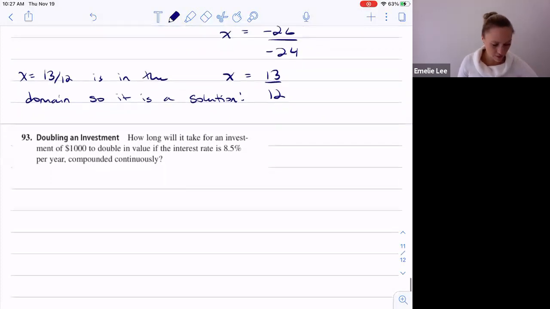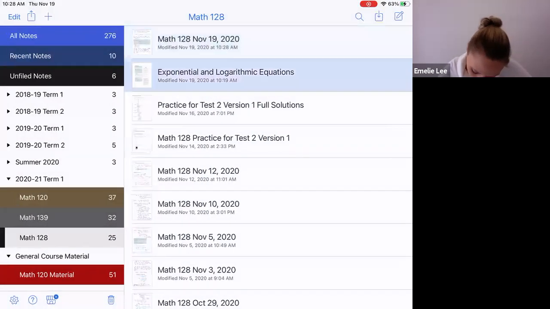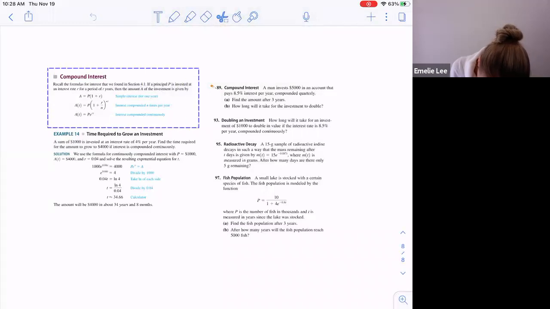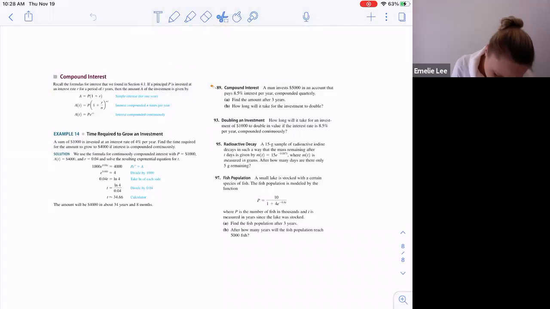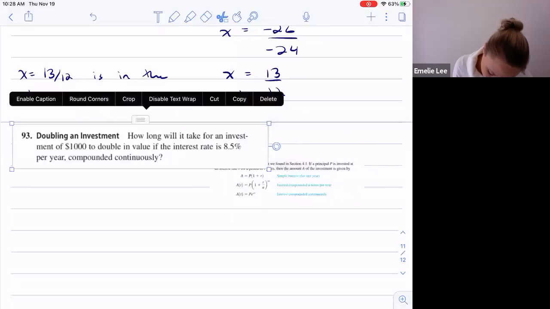So compounding continuously, and I've got the formulas over here.